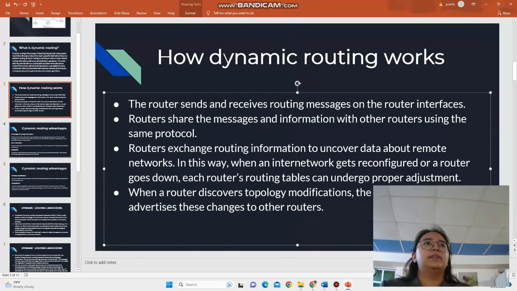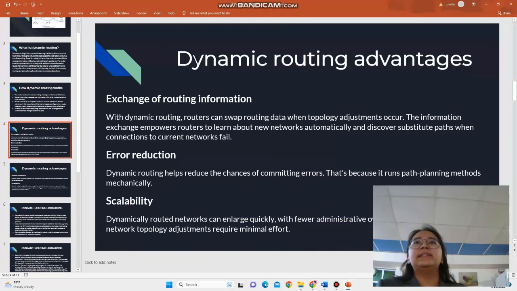The next one: what are the advantages of dynamic routing? First, exchange of routing information. With dynamic routing, routers can swap routing data when topology adjustments occur.